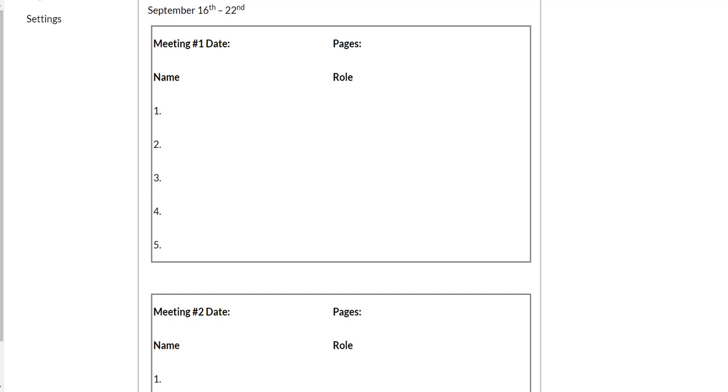The discussion director starts the meeting, they give their information, and then everybody discusses their role. If you're the connector, you're going to talk about the specific passage in the text that you connected to. If you're the summarizer, you're going to read your summary. But you have to have it all done when you get to your meeting.